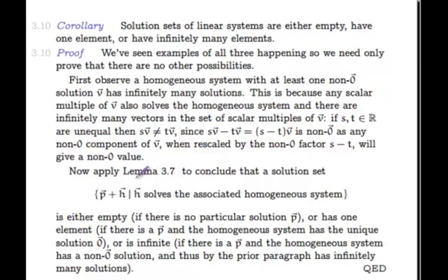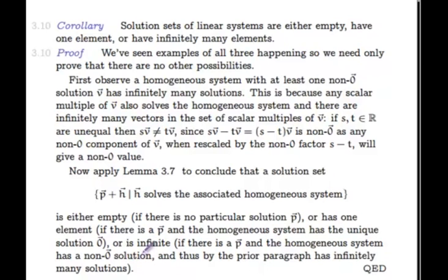Okay. Now we can apply lemma 3.7 to conclude that a solution set is either empty, that is, if there's no particular solution P, or has one element if there's a P and the homogeneous system has a unique solution 0, or is infinite if there's a P and the homogeneous system has a non-zero solution.